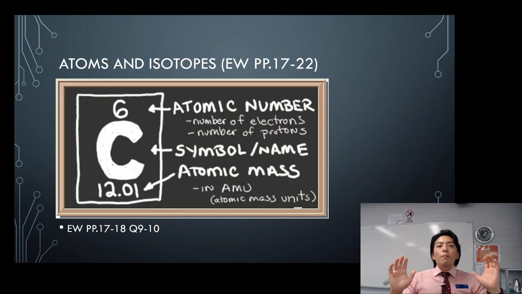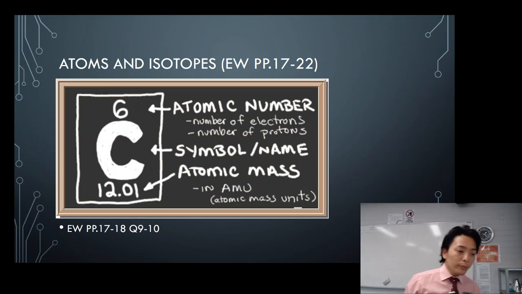If you manage to collect 1 mole of atoms of carbon together, it will have on average 12.01 grams. So AMU can be translated as grams per mole as well. Now, this is where you can do questions 9 and 10 in the Essentials workbook.